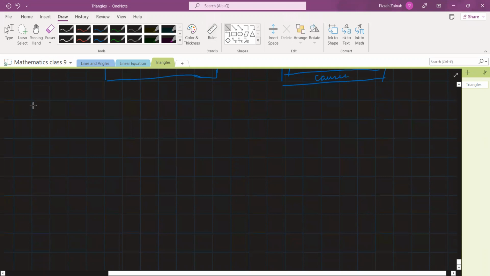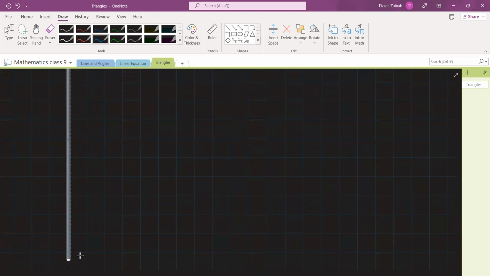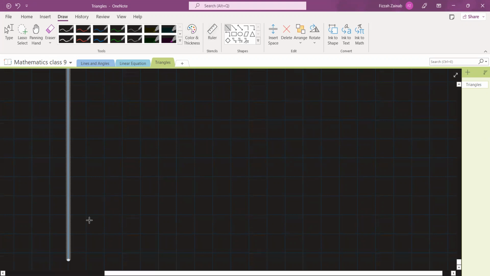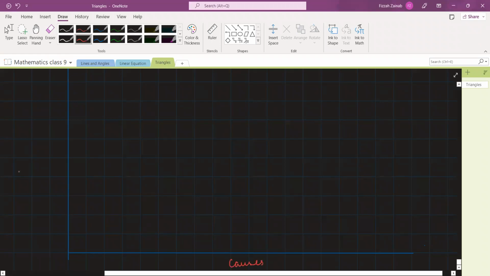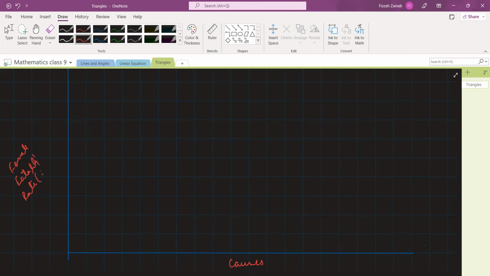So if I again take my axis like this, these are my causes and this is the female fatality rate, which is given in percentage.